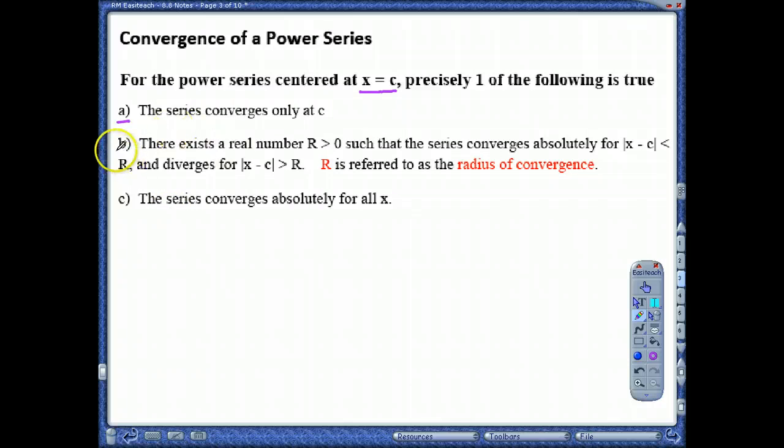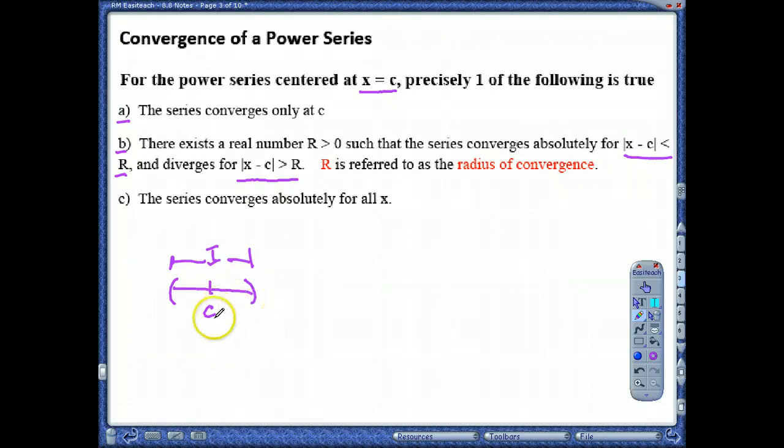The second thing is that there is a real number r greater than 0 such that the series converges absolutely for an interval. So instead of being convergent at just c, it's convergent over an interval. I apologize for that being in your two different sections there. But we're going to find that interval of convergence.